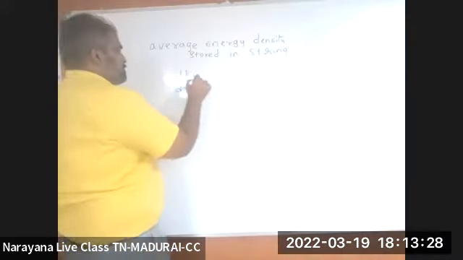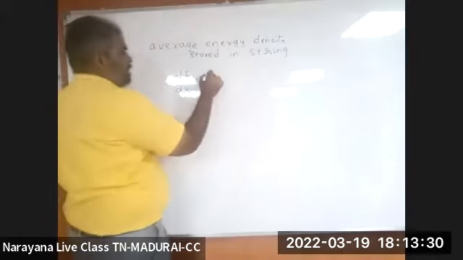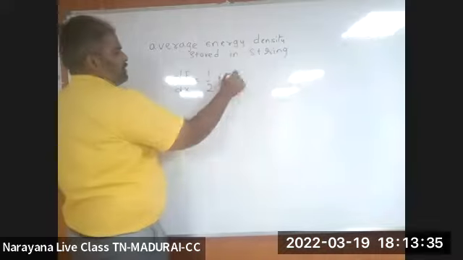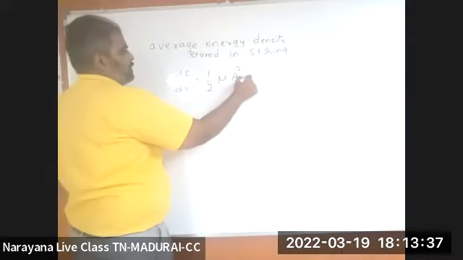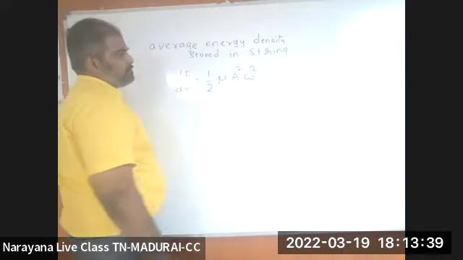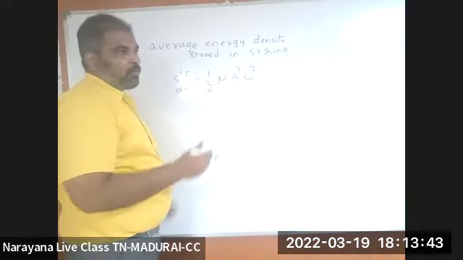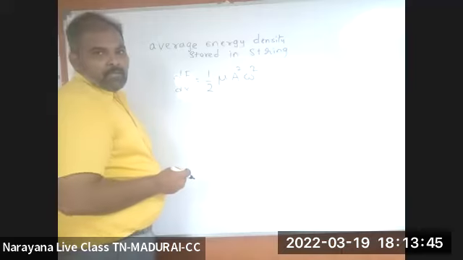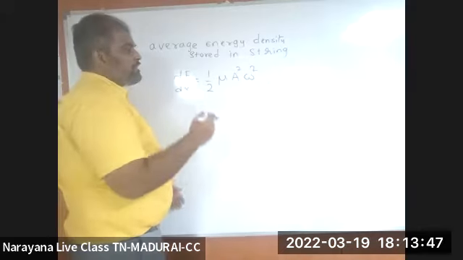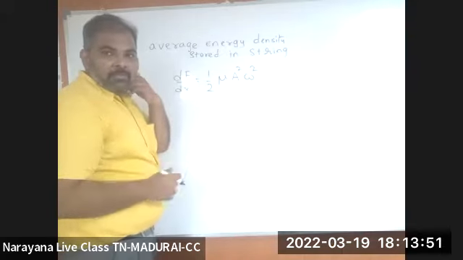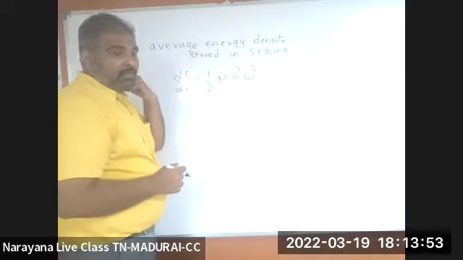That value, how much? Half into mu into amplitude whole square into omega square into lambda, sir. That is the average energy stored in one full wave. When average energy is stored in 2 full waves, you have to multiply by 2 lambda. Okay, that is the concept.